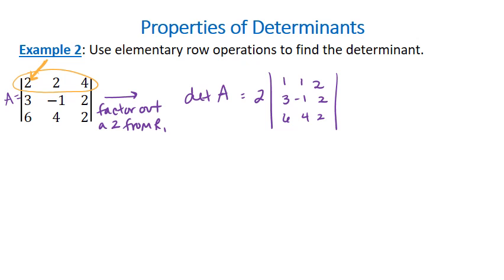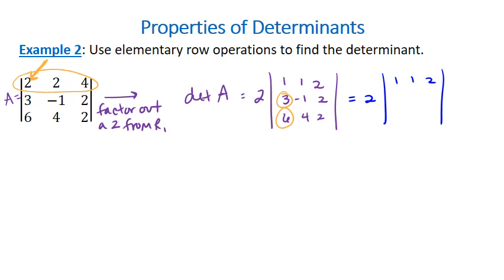Okay, well, now I need some zeros, so let's start with these here. I'm going to make those 0 by using row replacement. And since I'm using row replacement, there's no change on the determinant. So row 1 remains.